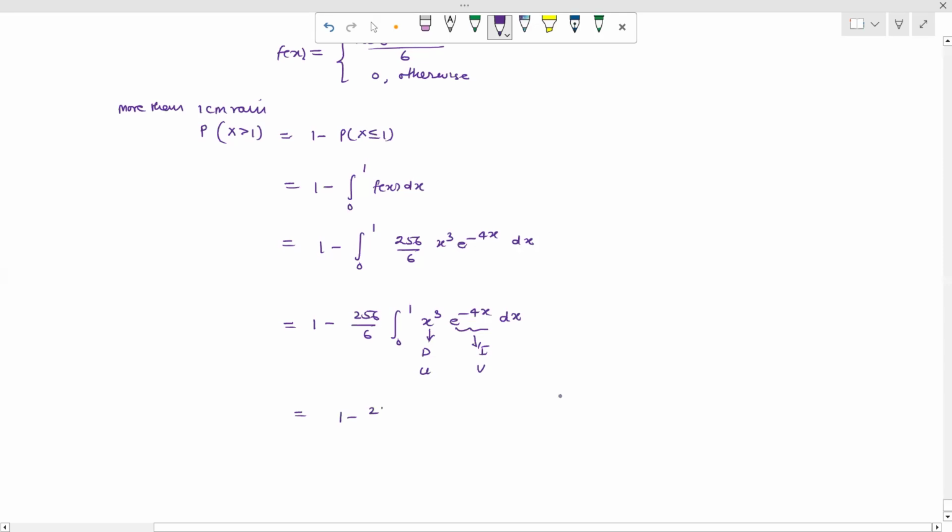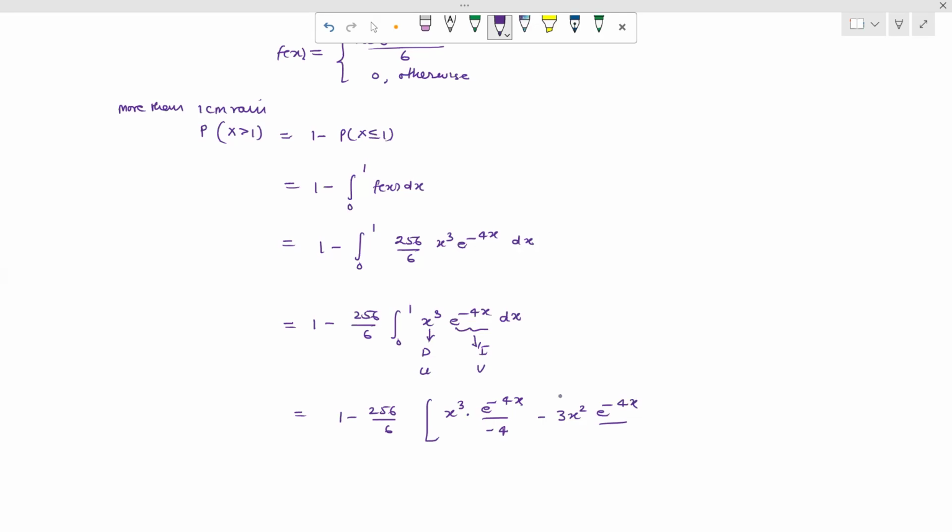So now we apply the formula. u remains the same, times integration of v: e raised to the power minus 4x upon minus 4, one time integration, minus differentiation of u, the differentiation of x cube is 3x square, and two time integration of v, e raised to the power minus 4x upon 16, plus two time differentiation of this, which is 6x, into three time integration, upon minus 64.